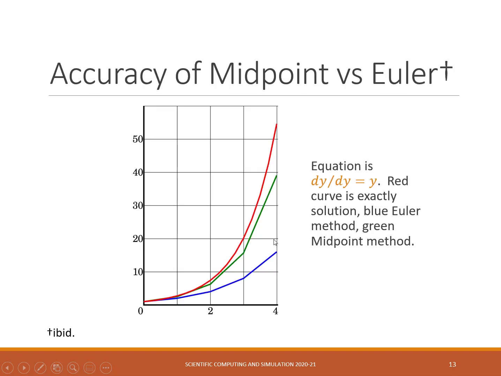In this figure, the red curve represents the real solution function y. As we can see here, the midpoint approximation highlighted in green is closer to the real solution than what is estimated in the blue curve by the Euler method.